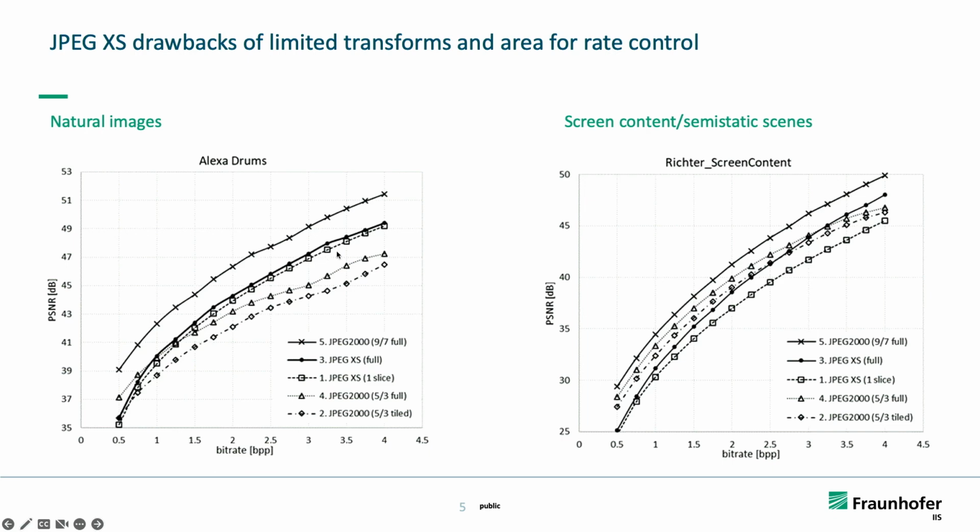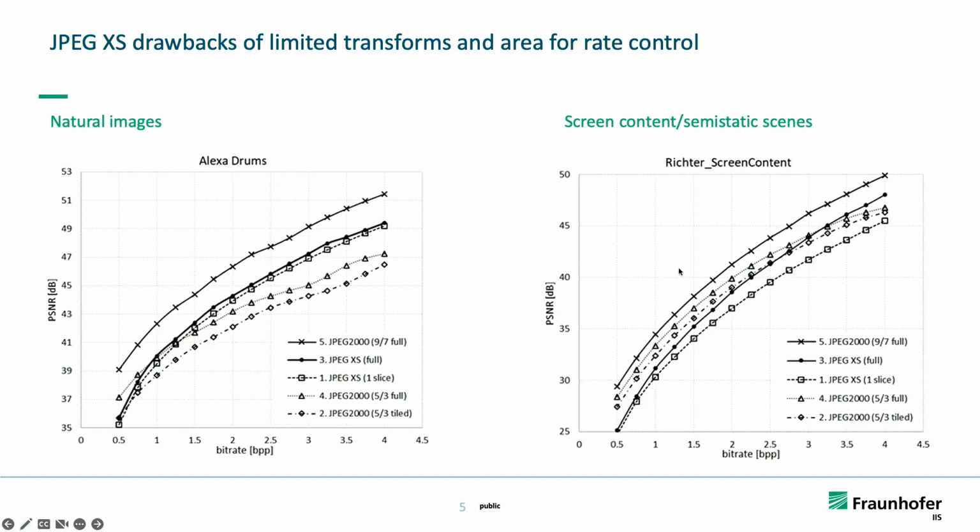For natural images, it doesn't really make a difference if you code the full image or only one slice of the image with JPEG XS. If you use JPEG 2000 with the 5/3 in the same configuration, you have a worse quality.